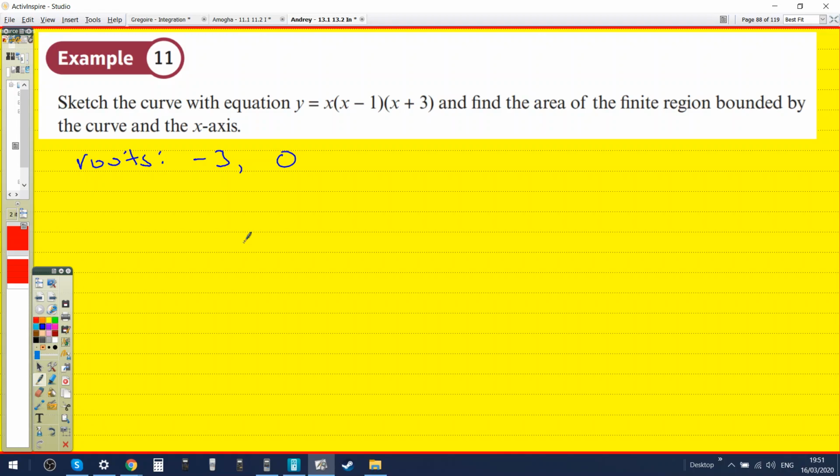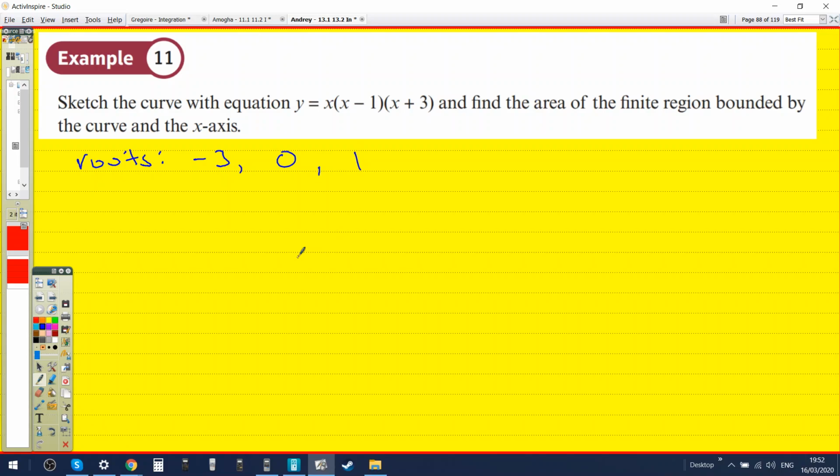There's one more root. Pardon? There's one more root. All right, 0 and minus 1. Oh, so minus 3, 0 and 1.